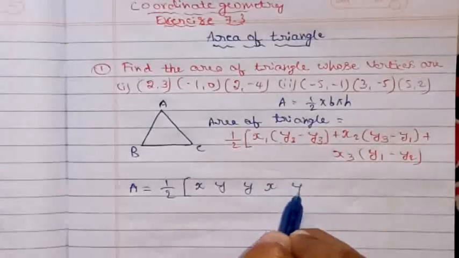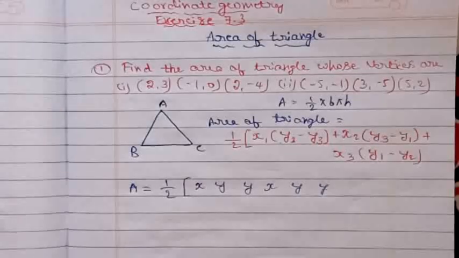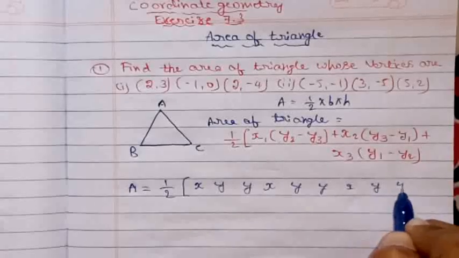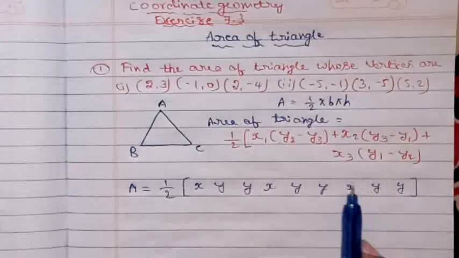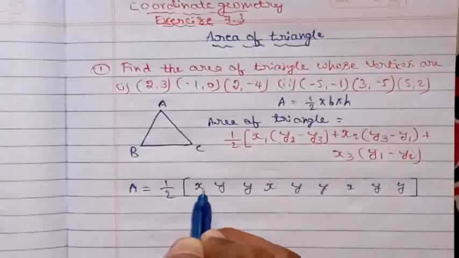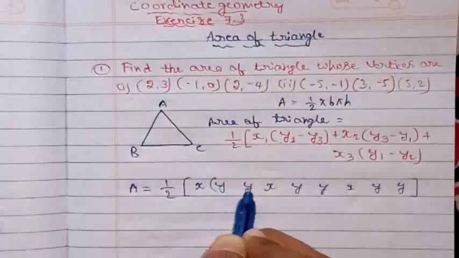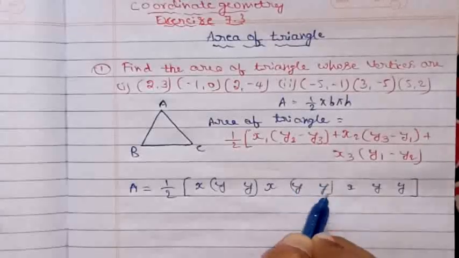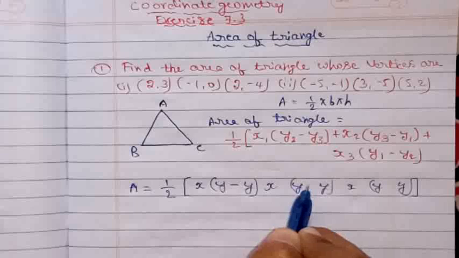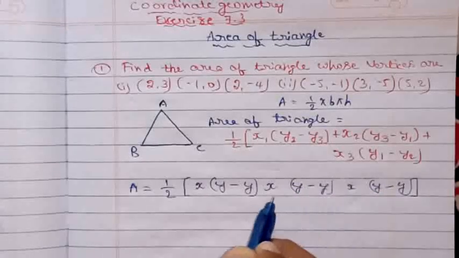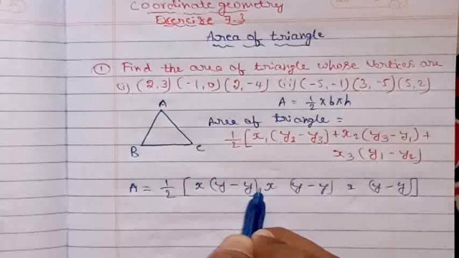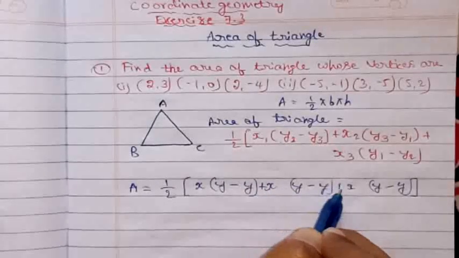So write x y y, and again write x y y, right? Now just write down here the first three. First write down the bracket here, children, for the y terms. Okay, and write minus over here in the bracket, and write plus here and here also plus.